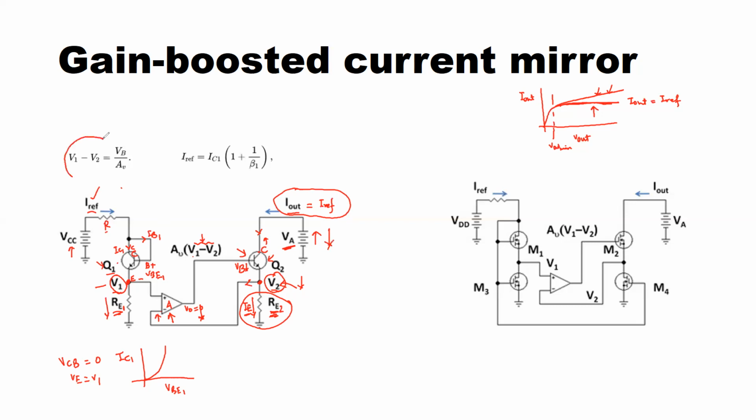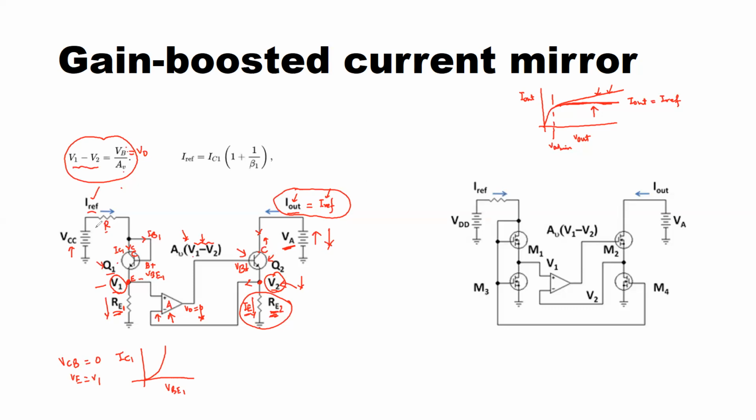So here is the equation where we see the operational amplifier difference between the two inputs is nothing but the output divided by the gain, which is this equation right here. VB is the output voltage, or the voltage applied to the base of transistor Q2. And when your current mirror works properly so that your output current is an exact match to your input current, you can say that your circuit works properly.